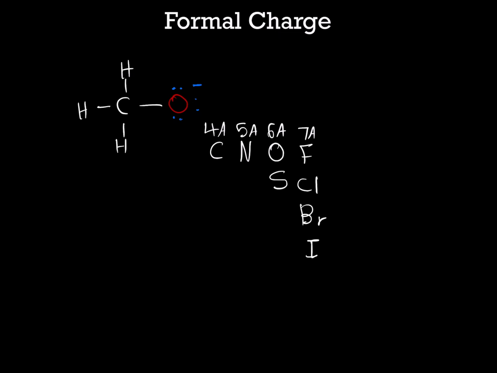So carbon is always going to have 4 valence electrons. Nitrogen is always going to have 5 in its neutral state. Oxygen and sulfur are going to have 6. And then the halogens, which are in group 7A, are going to have 7 valence electrons. So you can memorize those. It'll be useful in doing problems like this, so you don't have to look back at your periodic table every single time. Thank you for watching this video, and that's all I have.